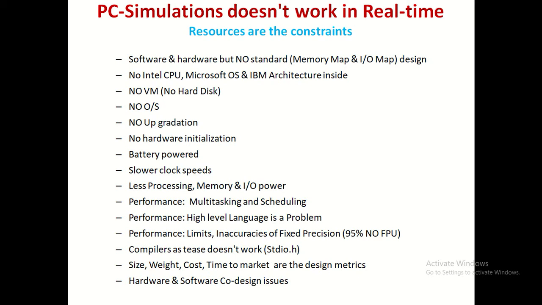And when it comes to interface and design, it is all an IBM architecture. So one has to comply with the electrical characteristics and the memory mapping and IO mapping of the IBM architecture.